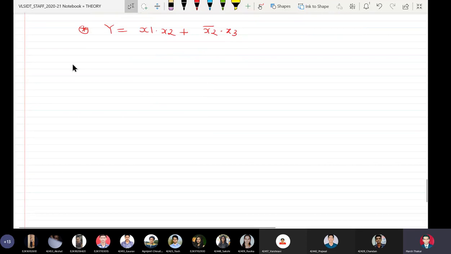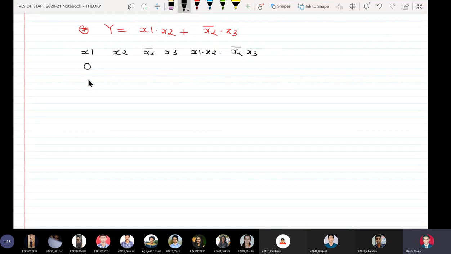This is a 3 variable function. So what we do is that we just write down the inputs x1, x2, x2 bar, x3, x1 ANDed with x2, and x2 bar x3, right?